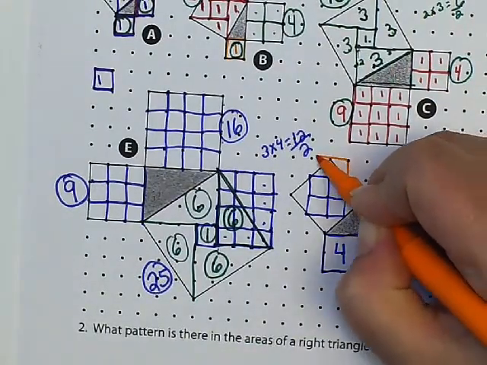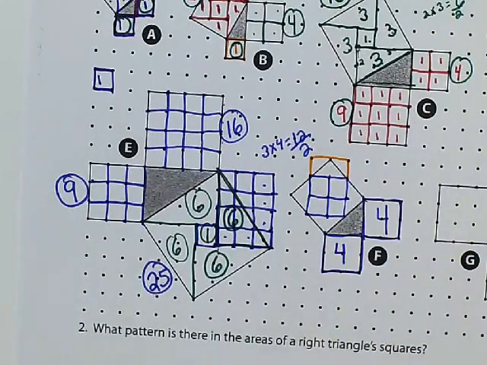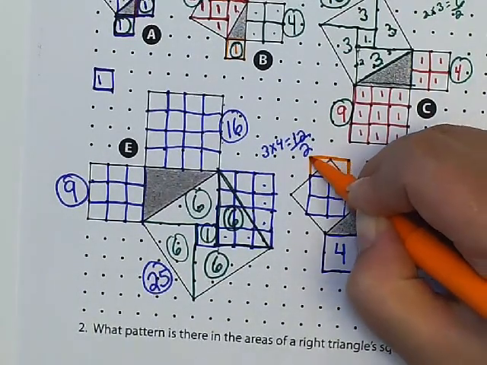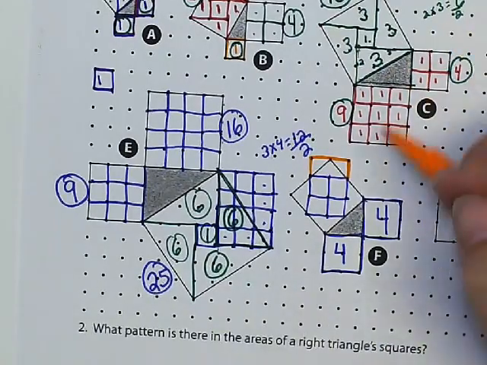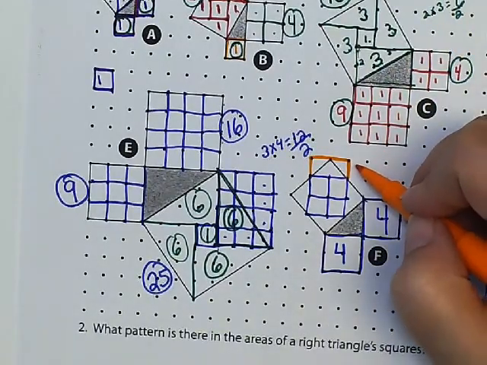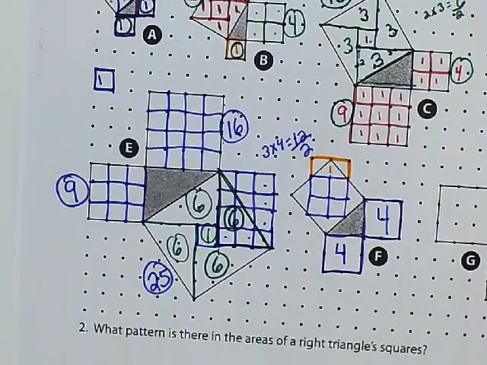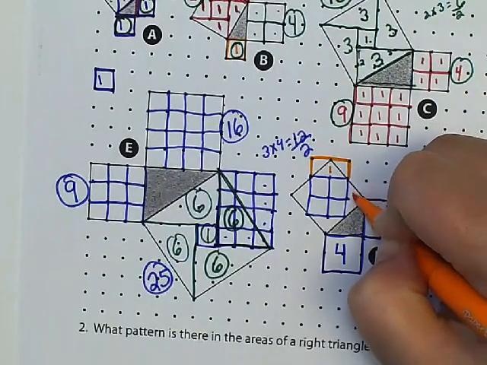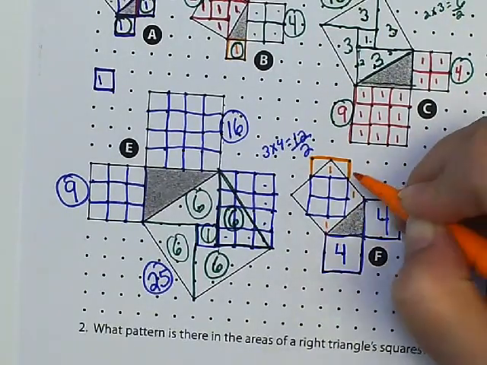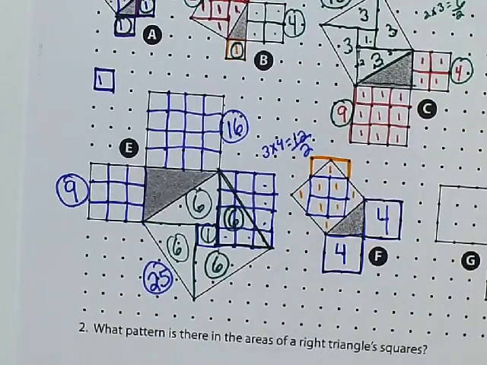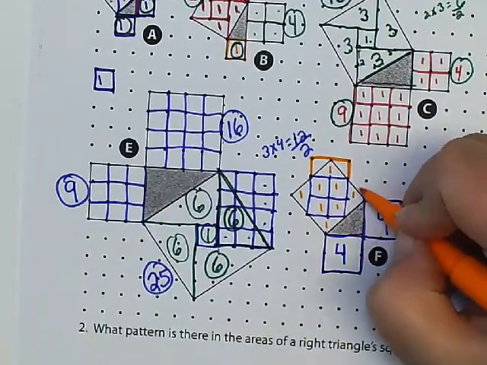I don't know why I keep calling it a box, it's a rectangle, right? And this rectangle is 1 by 2. So what's half of that? That would give us 1. So we should have a 1 here, a 1 here, a 1 here, a 1 here, a 1 here, 1 here, 1 here. So our total area should be 8.